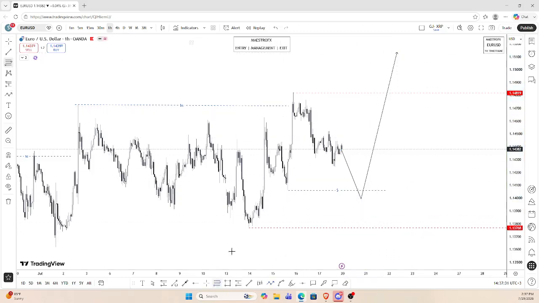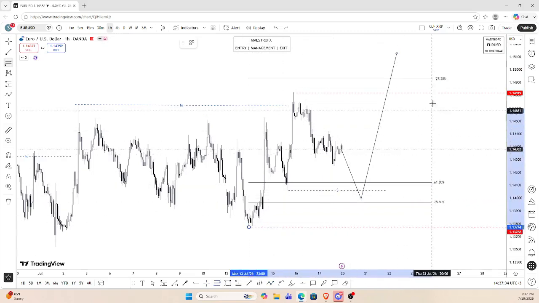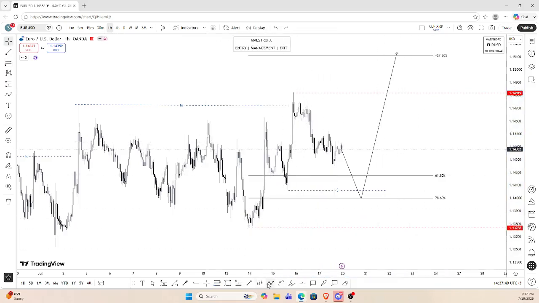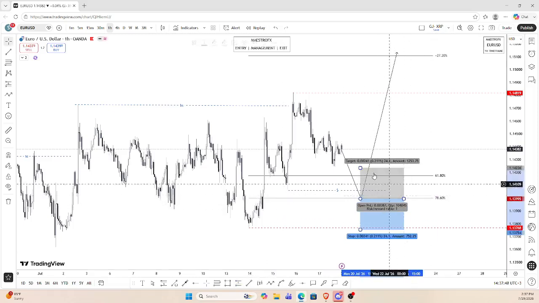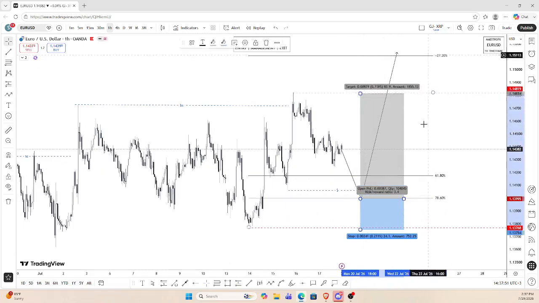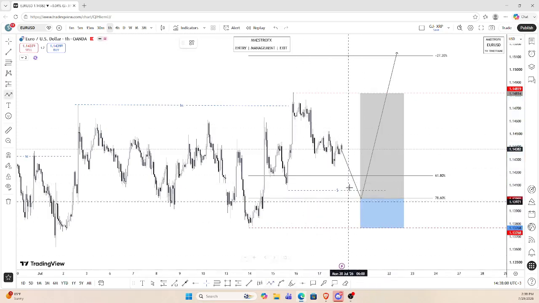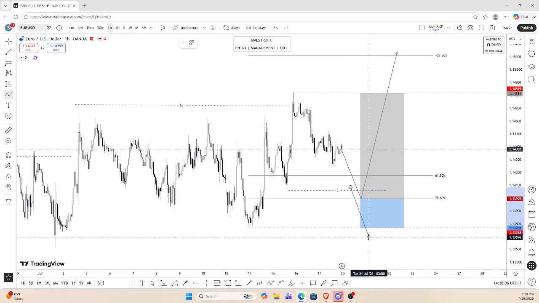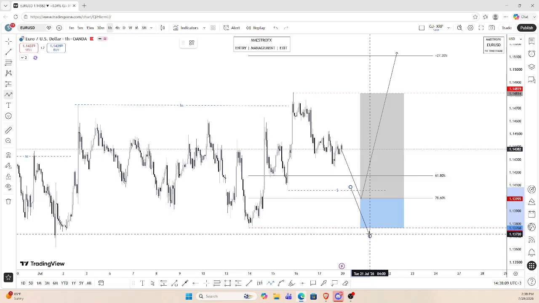Okay, and so on the Euro USD this week, this is what I'm looking at, and yes, this is the high probable trade for me this week. And if we get this setup and by any chance it is violated, what I mean by being violated is when we see price pushing lower than this level, and it depends on how it will react here.